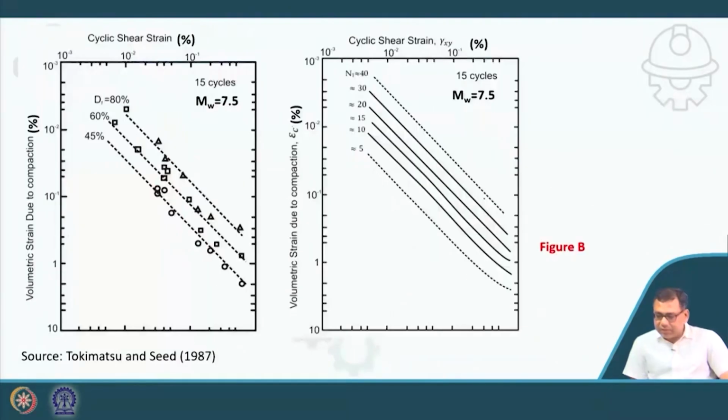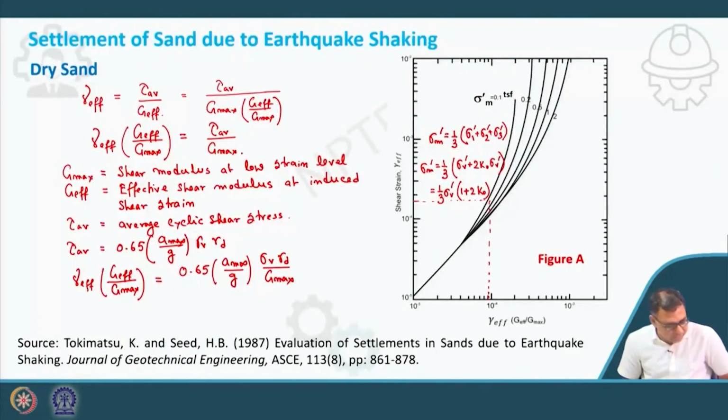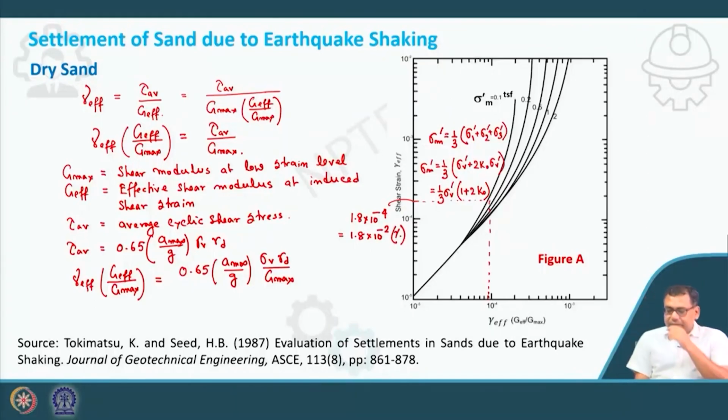So this effective strain value will be around 1.8. This is 10 to the 4. So this value is 1.8 into 10 to the power minus 4. If I take it in percentage, then it will be 1.8 into 10 to the power minus 2 percentage. Okay. So this is for the sub layer 1.